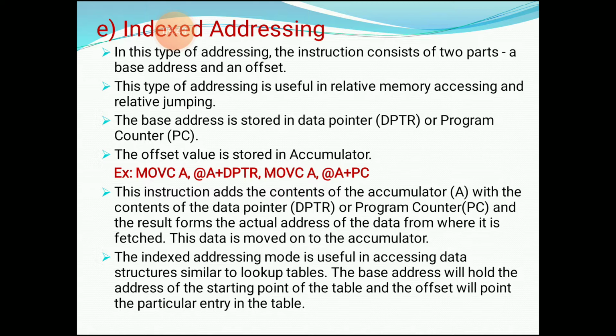The indexed addressing mode is useful in accessing data structures similar to lookup tables. The base address will hold the address of the starting point of the lookup table, and the offset address will point to the particular entry in that table. So mainly this indexed addressing mode is used to access the data from a lookup table.